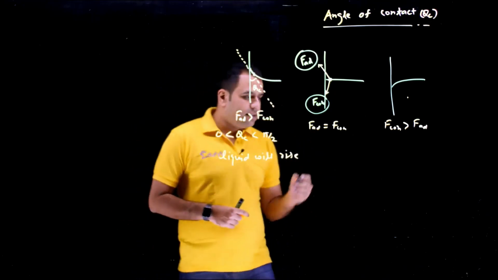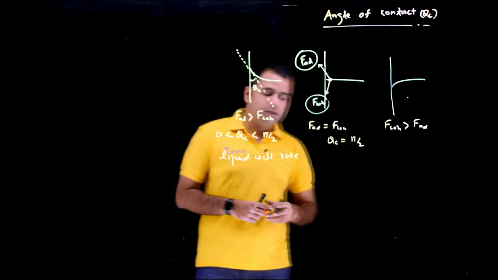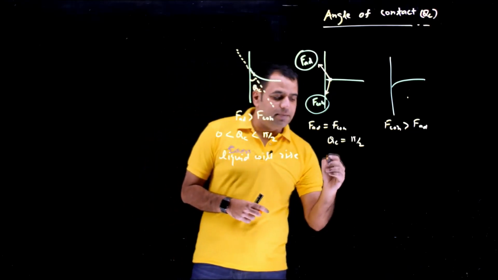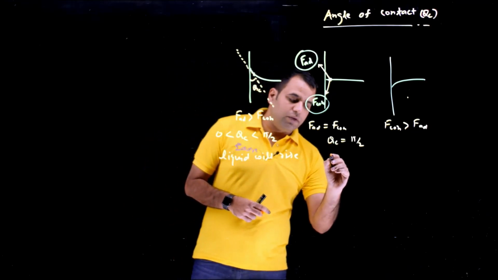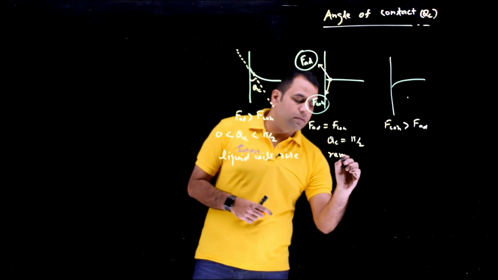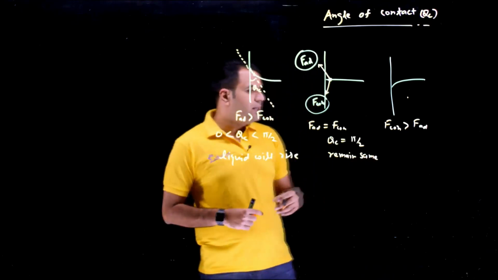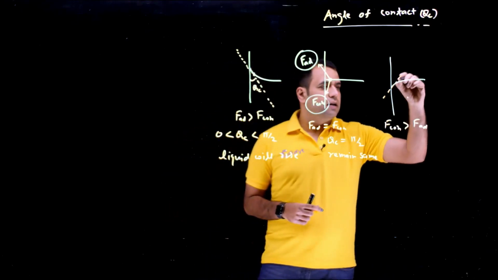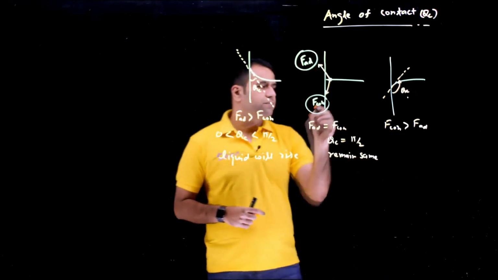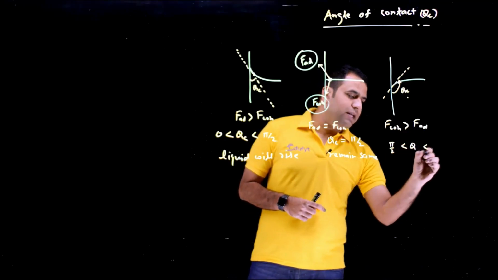In the second case, theta c will be equal to pi by 2, and in this case, the liquid will not rise; it will remain the same. And the third case, theta c will be more than pi by 2 but less than pi.